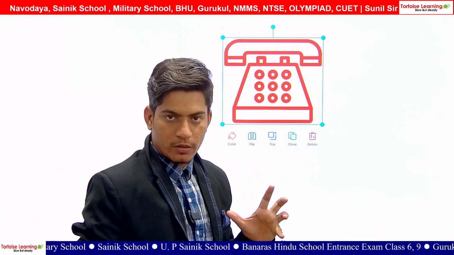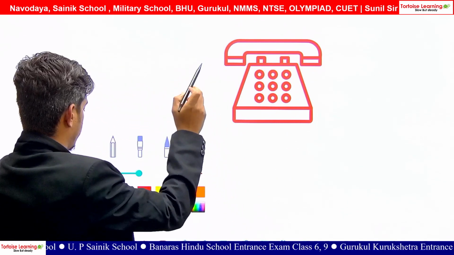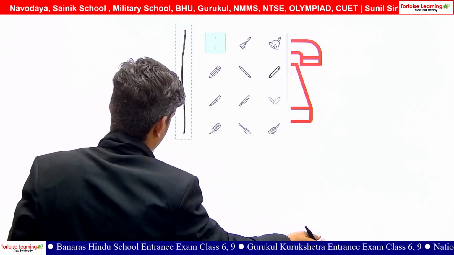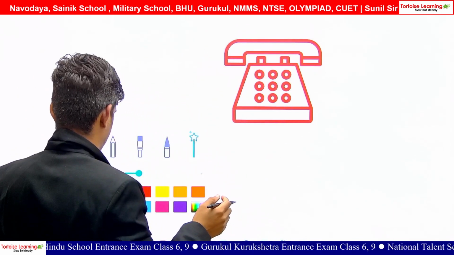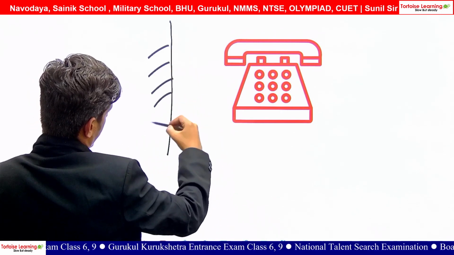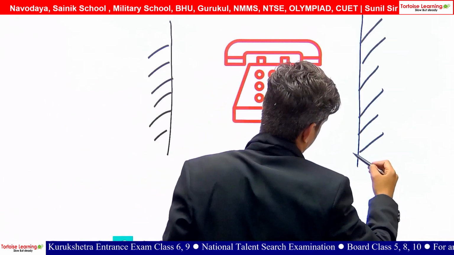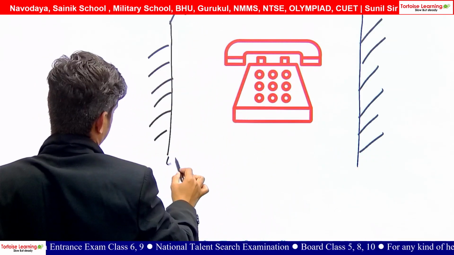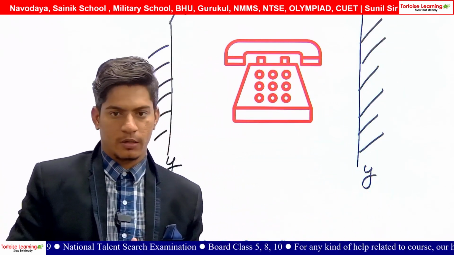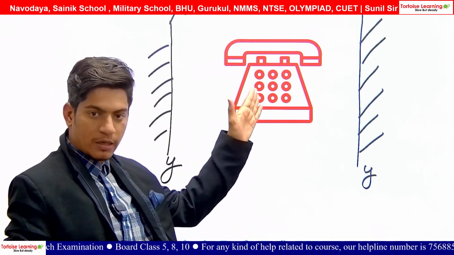Whenever the mirror is placed in this direction, the mirror can be in this direction, or on the other hand, the mirror can be put in this direction. Their names can be X, Y, A, B, anything. Any name can be given. In this case I am talking about the vertical.